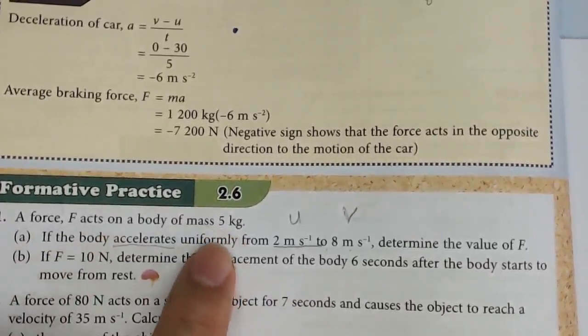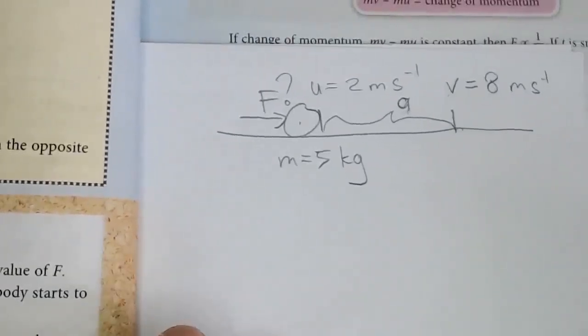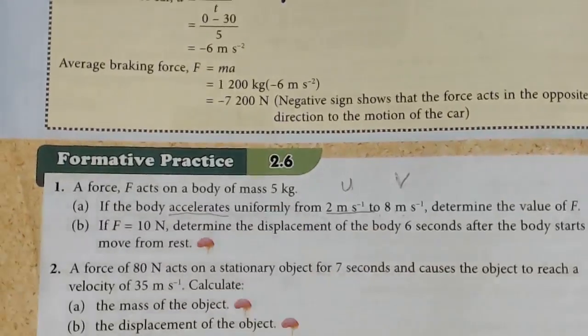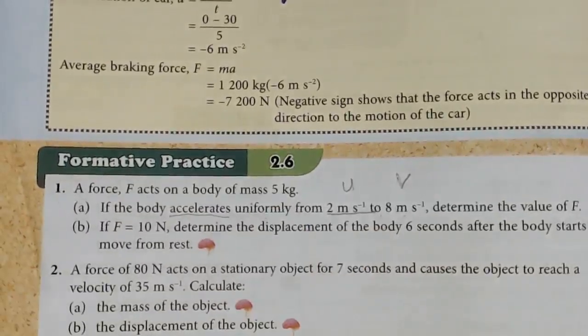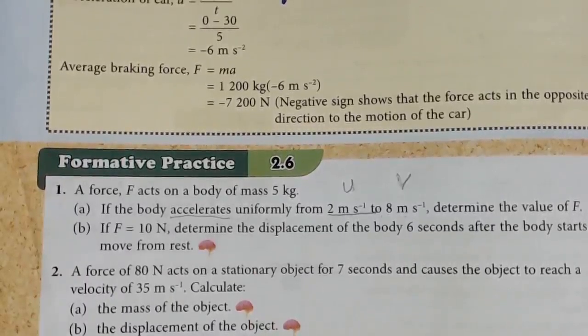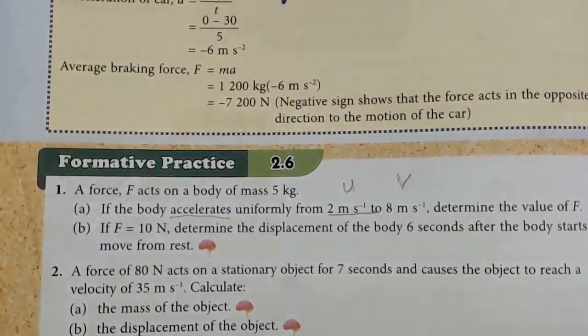Uniformly. Sir, in our context they wrote 2 seconds. Huh? Wait. Oh, I know. This copy has a print problem. Oh, I see. I think I know. This first version has a problem. Wait, let me check the textbook, the Bahasa Melayu textbook.